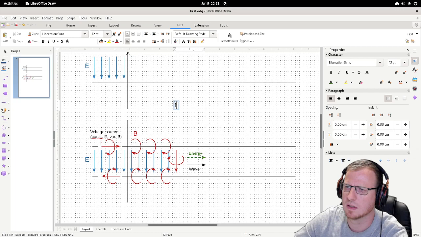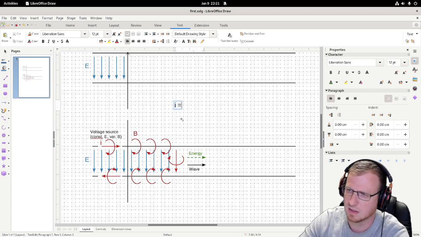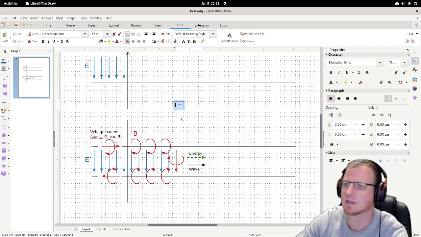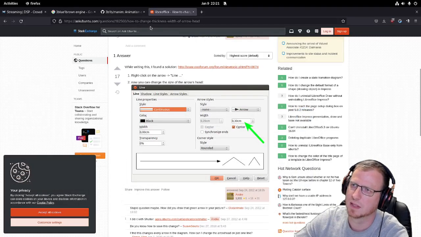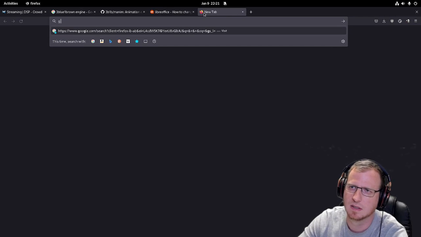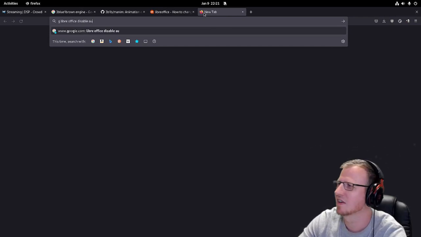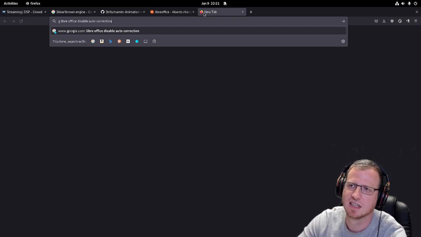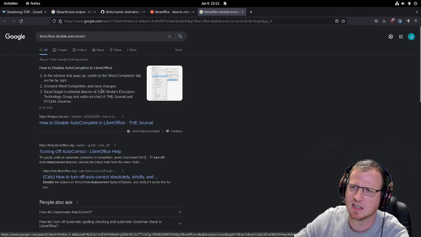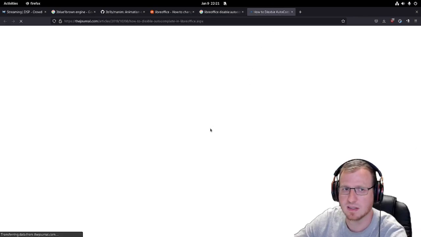Come on, I hate all this correction. I hate this correction. Oh, no, come on. Disable autocorrection. I hate this so much. I hate autocomplete. This is so bad.